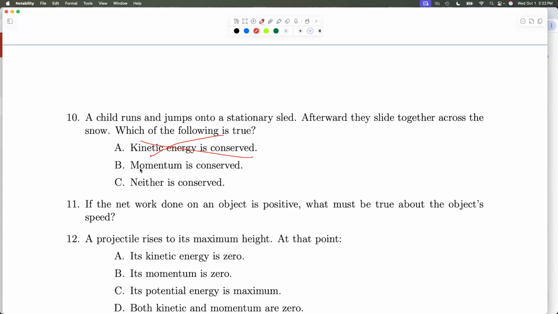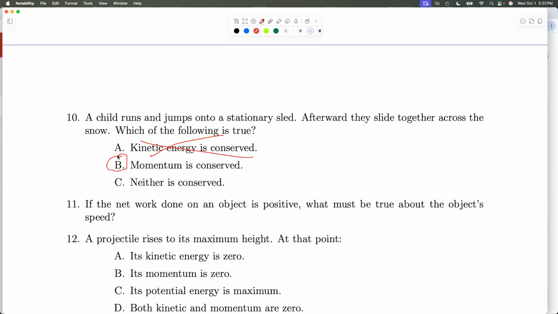When we say momentum, do we mean the momentum of the child or the total momentum of our entire system? Total momentum of the system is always conserved, always. In this case, since this guy's momentum was zero, all the momentum of the child is going to be conserved. This is a perfectly inelastic collision because the kid's going to stick to the sled.